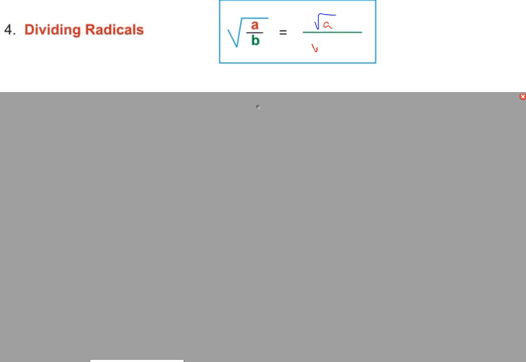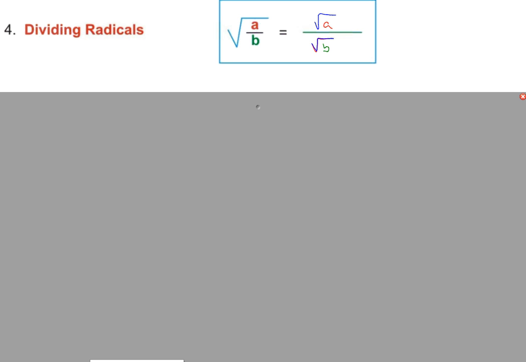And the denominator of the fraction is the square root of the denominator of the radicand. And that should have been a blue. Man, I'm hitting all my wrong colors. So you end up with the square root of A over the square root of B. Or the square root of the top divided by the square root of the bottom.